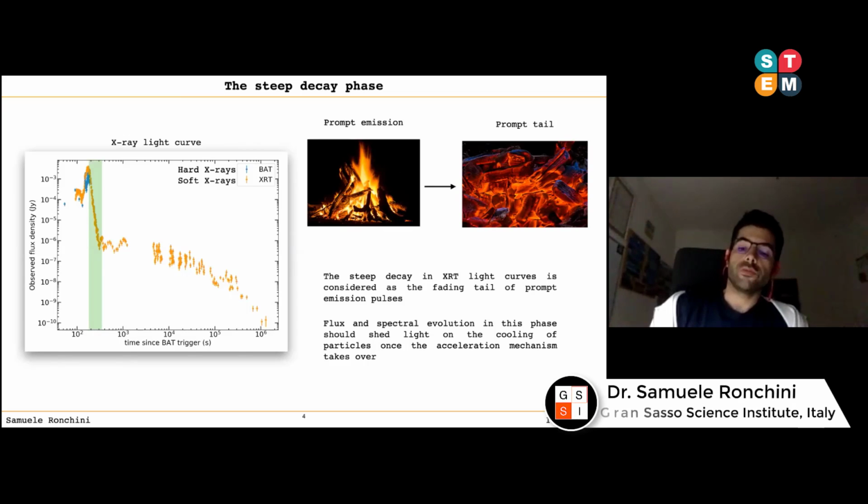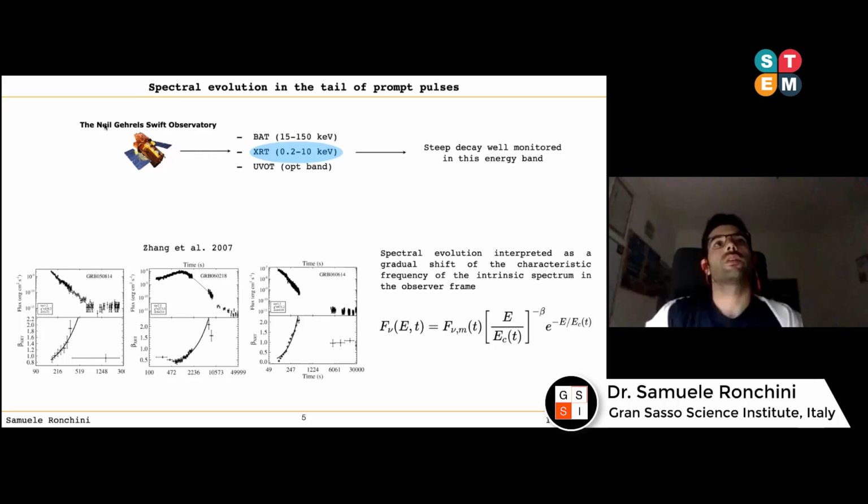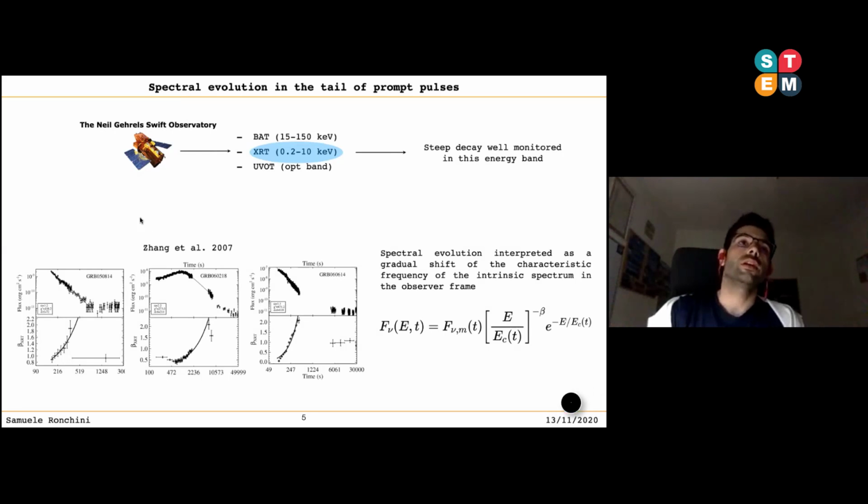For this purpose, the use of the Swift Observatory was fundamental. Indeed, past studies demonstrated that during the steep decay observed in the XRT band, which is between 0.2 and 10 keV, it's possible to see a systematic softening of the spectrum, which you can see in the bottom panels here, where the photon index is always increasing in time while the flux is going down.